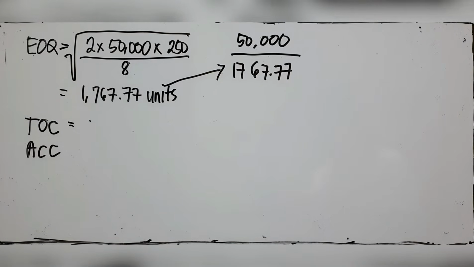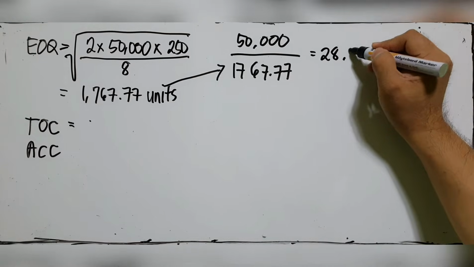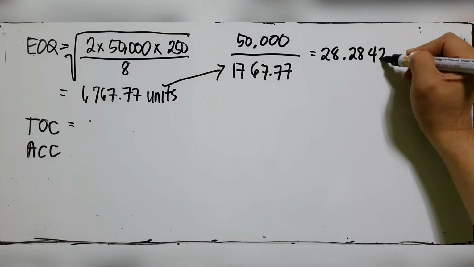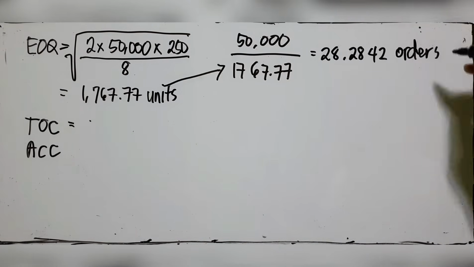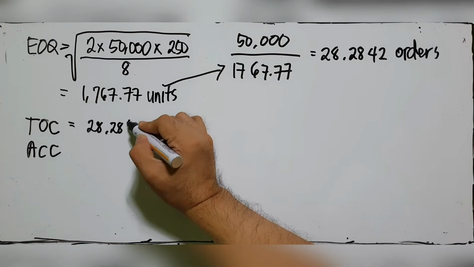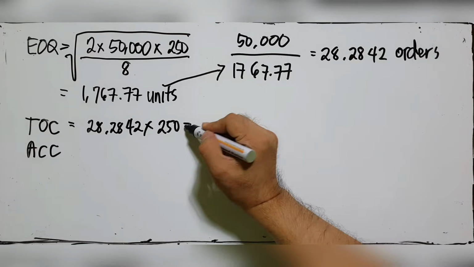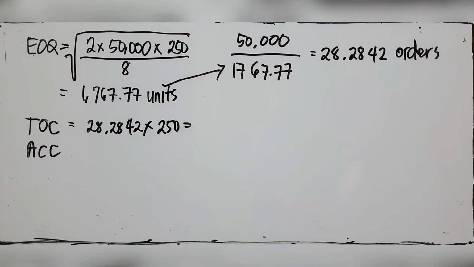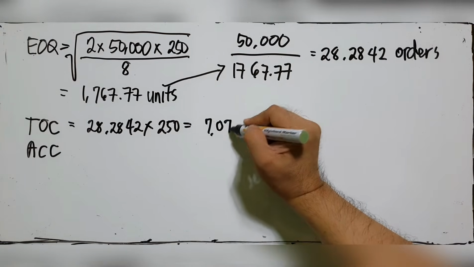So that would be 28.28 orders. Okay? So in that way, total ordering cost would be 28.2842 times your ordering cost na 250 per order. So, times 250, 28.2842 times 250. So, the answer is 7,071.05.